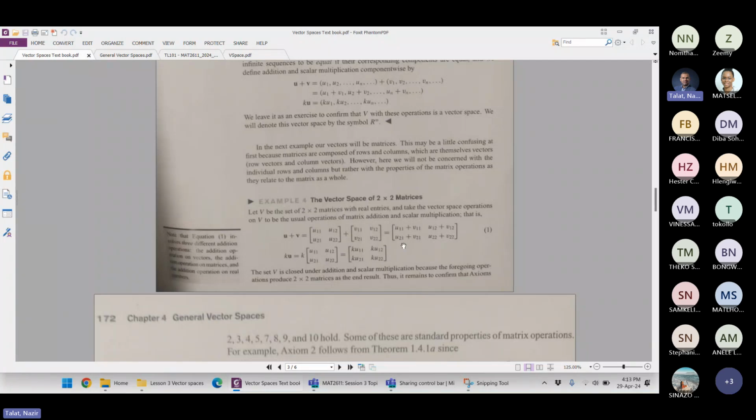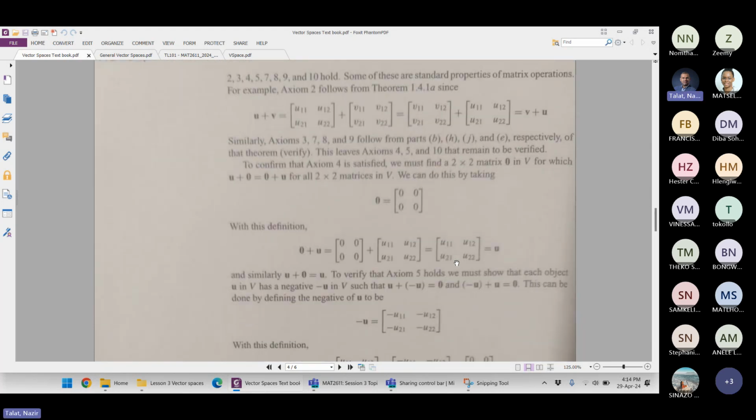All 4 cross 5 matrices form a vector space. Whatever number of rows and columns you take, that specific collection will always become a vector space under matrix addition and scalar multiplication.